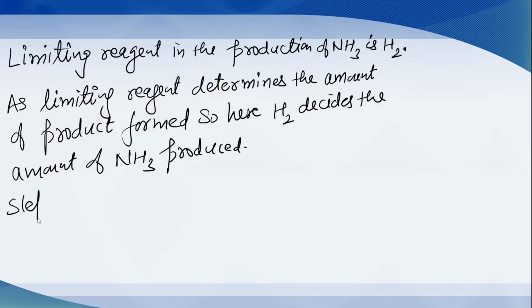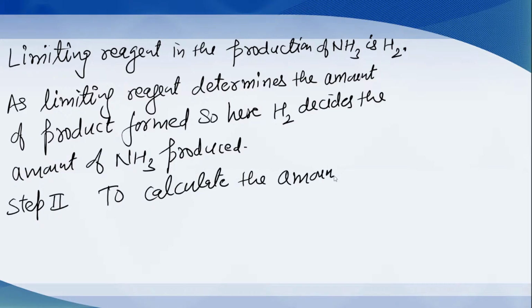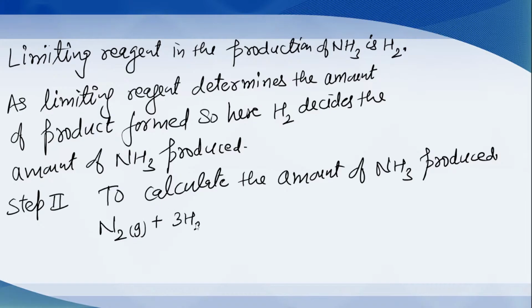So step 2, to calculate the amount of ammonia produced. Again write the balanced chemical equation, N2 gas plus 3H2 gas gives 2NH3 gas.